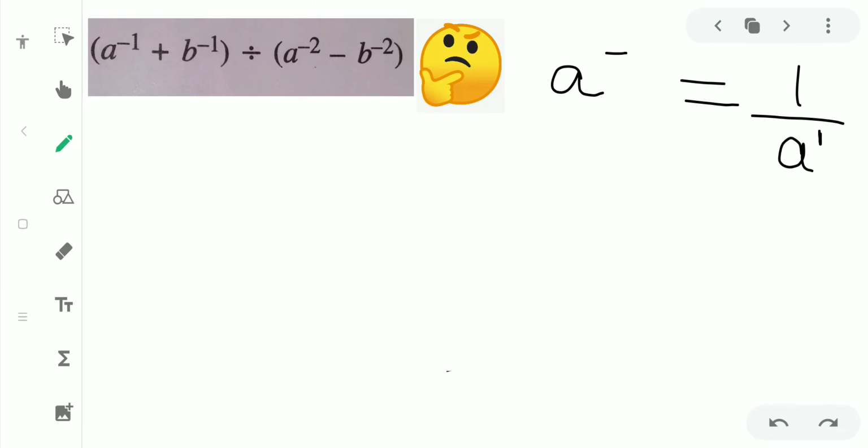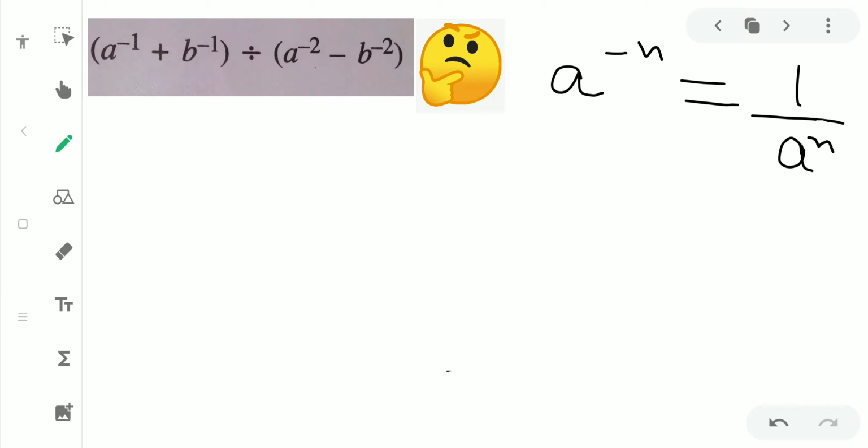If you take a power minus n, you will get 1 by a power n. Now based on this law we will do this problem.